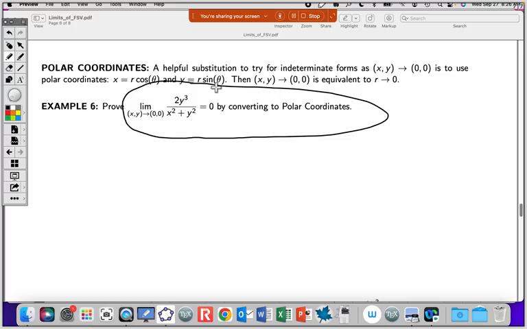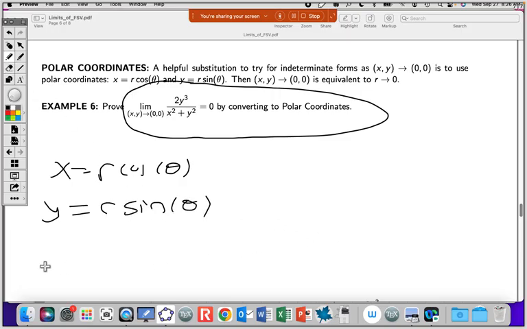However, if you're approaching the origin, another thing you can use is polar coordinates. So if you remember polar coordinates, and we'll be revisiting polar coordinates in the next chapter, x is r cosine theta, y is r sine theta. And that just comes from unit circle stuff.